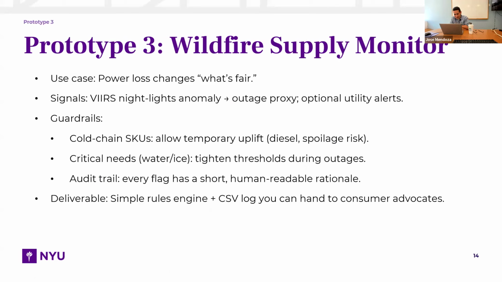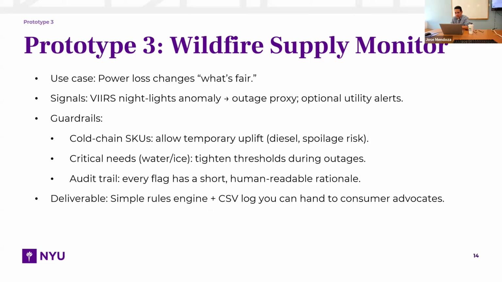3 minutes, perfect. Prototype number 3 works on the, actually, it's a mistake. There is no wildfire supply monitor. It's more a power loss supply monitor. And the idea behind it is that when this sort of disaster happens, there is an extra concern. And the concern is that there are some particular SKUs that are typically going to increase in price.